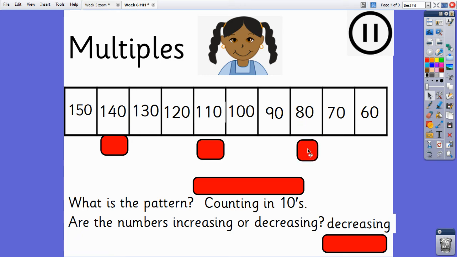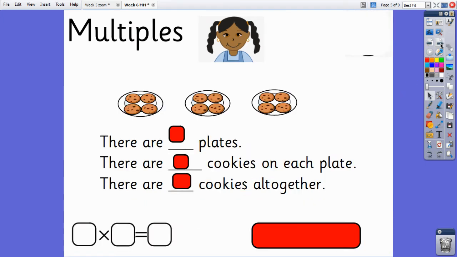Good work, everybody. Let's read through our complete number track. 150, 140, 130, 120, 110, 100, 90, 80, 70, 60. Good work, everybody. We're going to move on to some more multiples now.